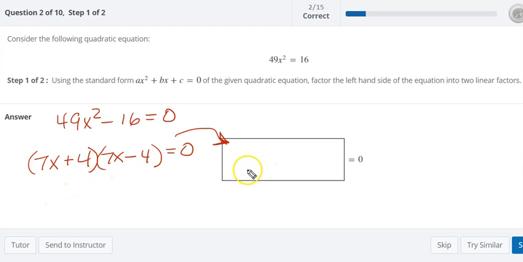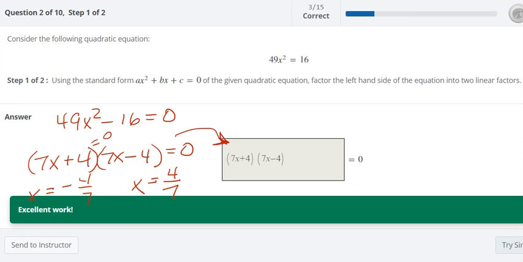And then the next slide will ask you for the solution. I'll just shorten this up by doing it like this. So here x will be negative 4 divided by 7, and here x will be positive 4 divided by 7. So I've put that into the answer box, submit, and I have that one correct.